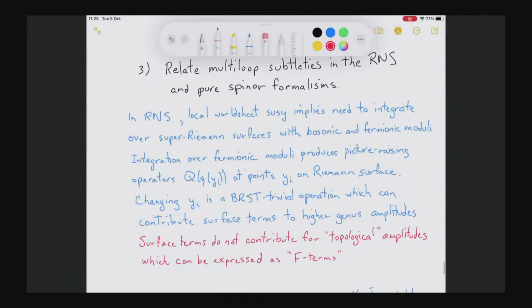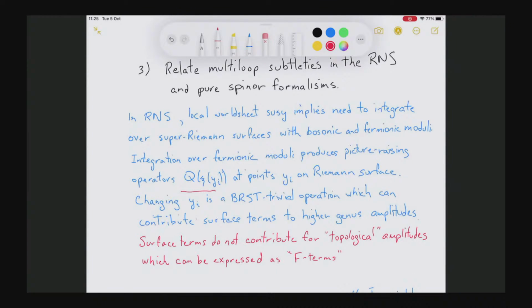In the RNS formalism, we know that local worldsheet supersymmetry means that you have to actually integrate over super Riemann surfaces, which involve both bosonic and fermionic moduli. And we know the integration over the fermionic moduli can be reproduced by introducing these picture raising operators, which are essentially the same operators we already discussed.